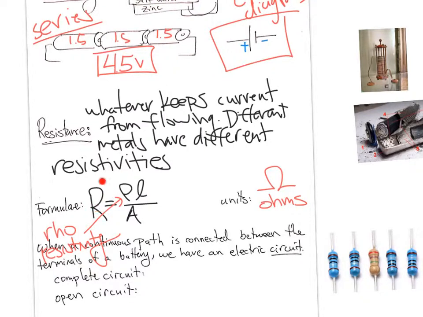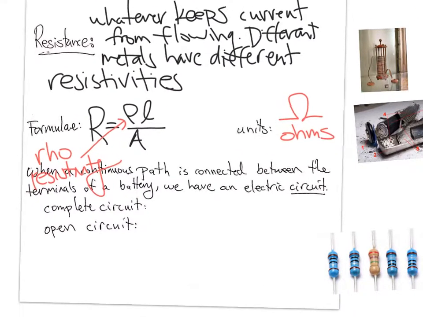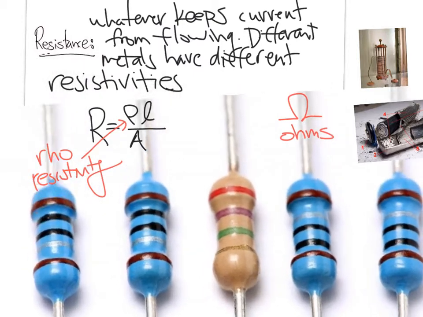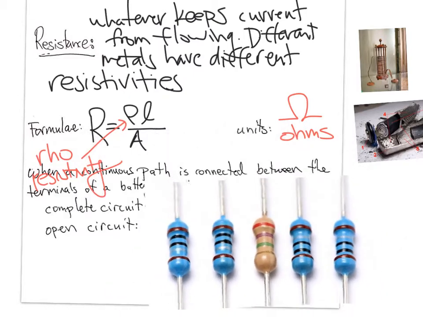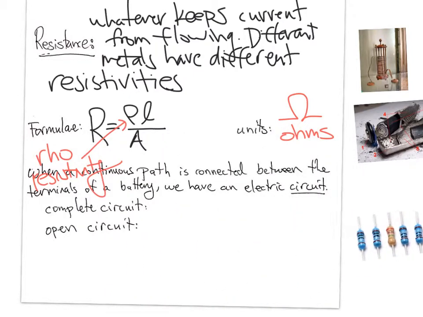This is the same as the resistance in the previous slides related to voltage and current. Okay, and here these are resistors, so we're going to get to use some of these, and all these lines and the color coding mean something in terms of how much resistance they afford. If you were to pull apart some electronics device, there's going to be all kinds of those things wired together.